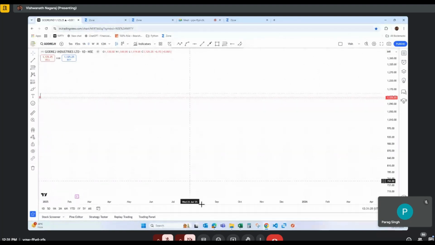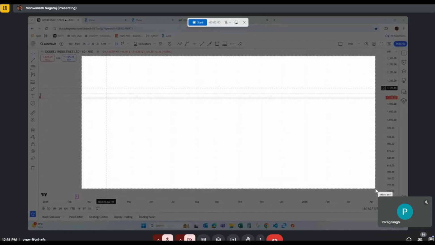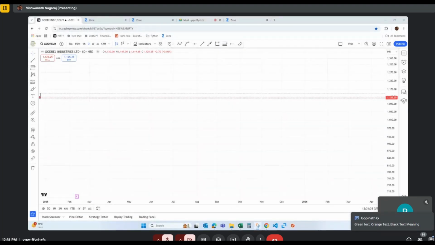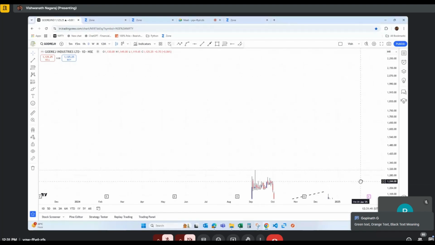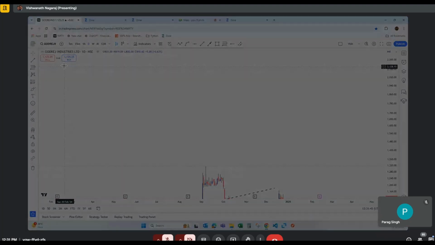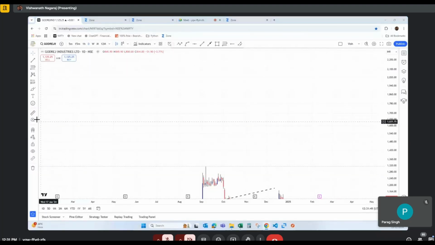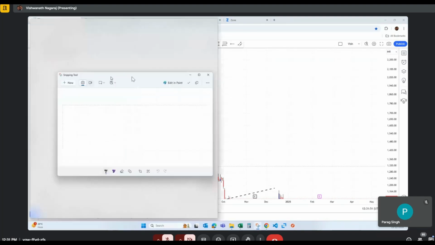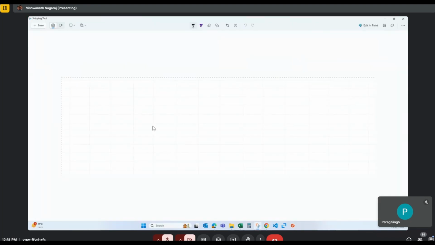I need a white screen. Can you see my blank screen? Yes.